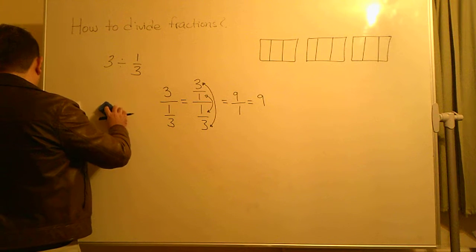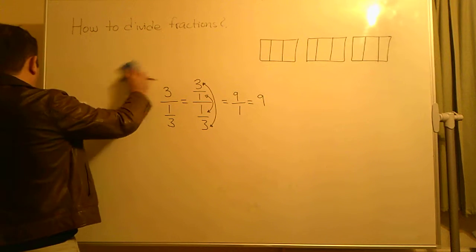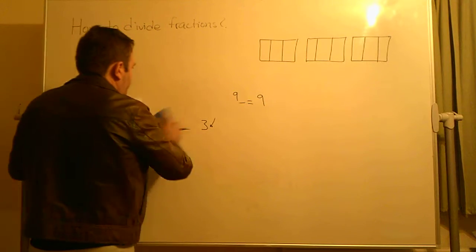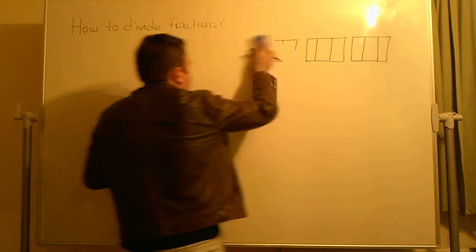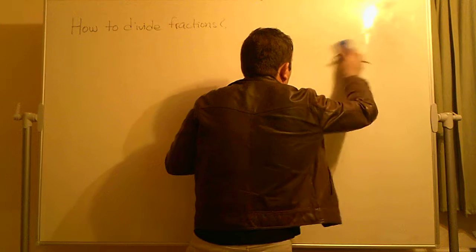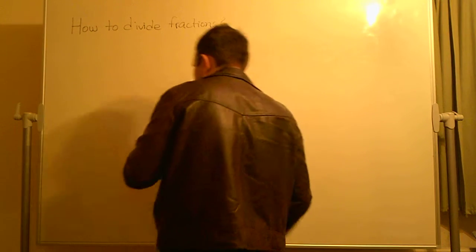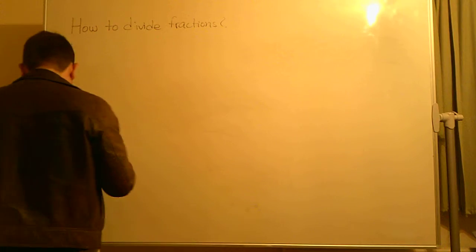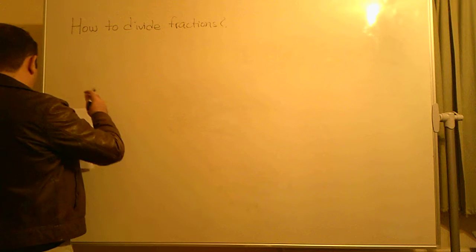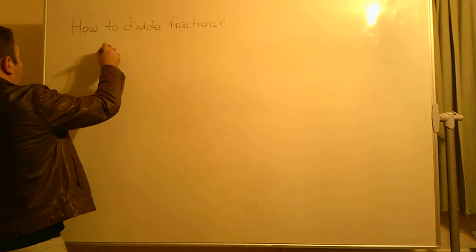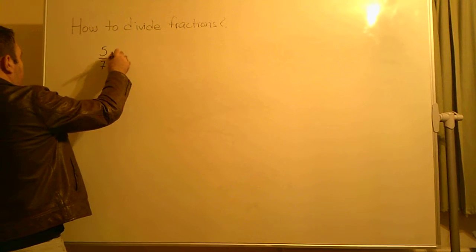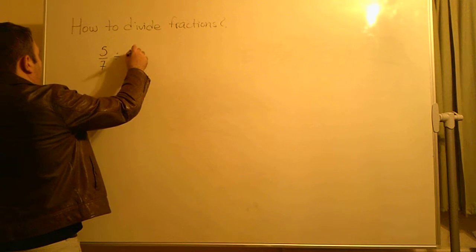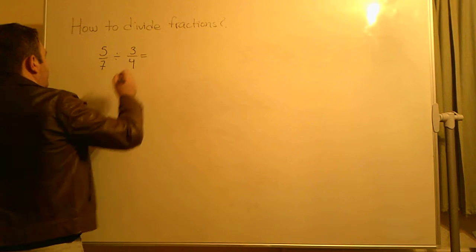Now let's start with some examples. Let's say that we have 5/7 divided by 3/4. Yeah?